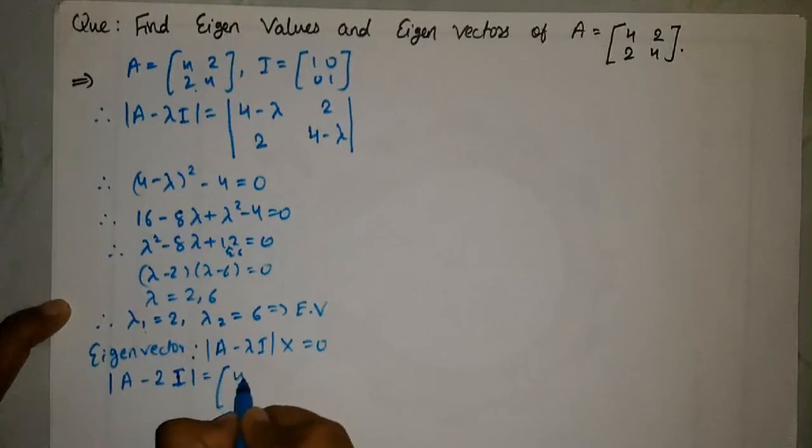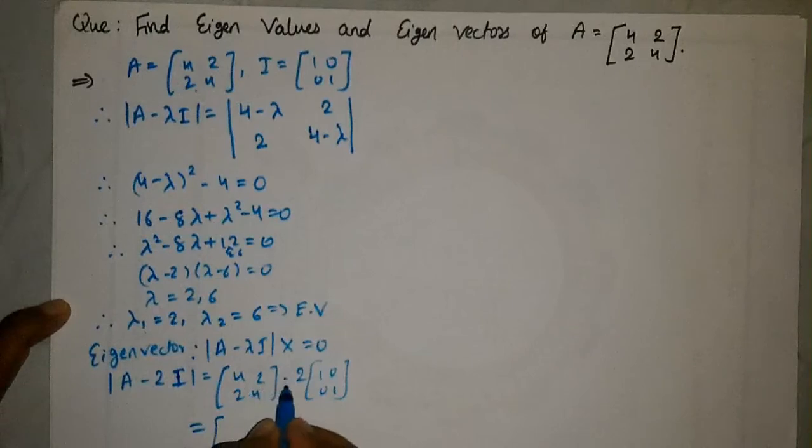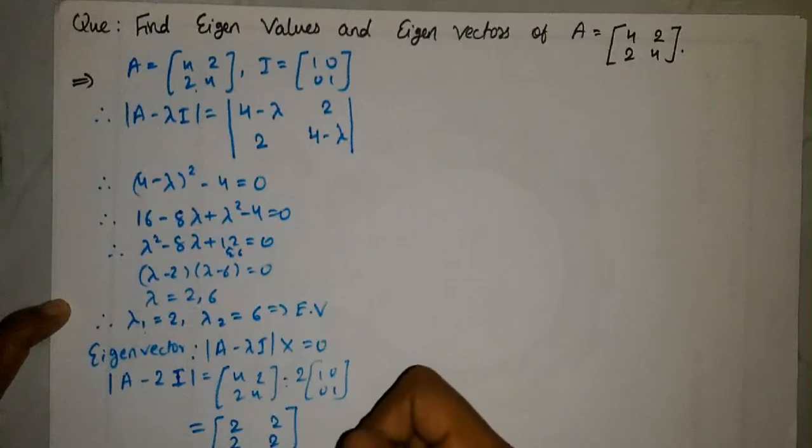Now A was [4 2; 2 4] minus 2 into [1 0; 0 1], so that is equal to [4 minus 2, 2 minus 0; 2 minus 0, 4 minus 2], which is [2 2; 2 2]. This is the matrix corresponding to lambda 2.